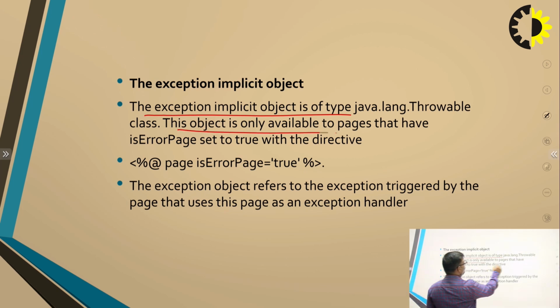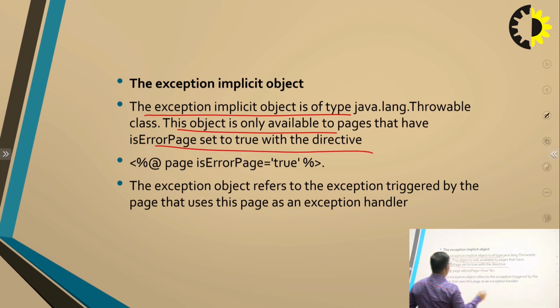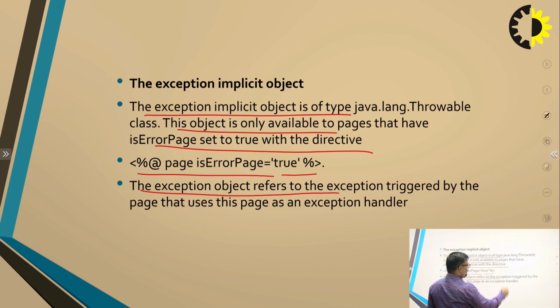This object is only available to a page that is an error page, set to true with the directive @page isErrorPage true. Then the exception object refers to the exception triggered by the page that uses this page as an exception handler.